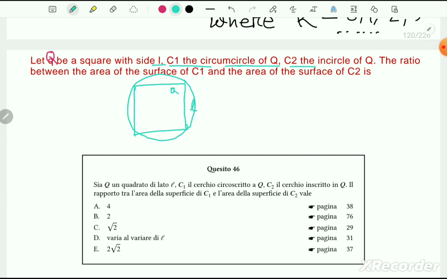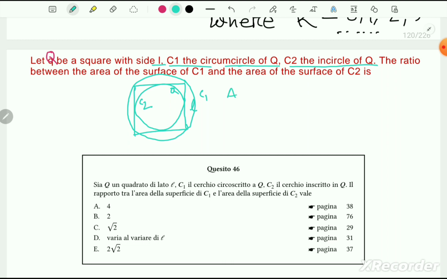Then C2, the incircle of Q. Another circle or circumference which is drawn or inscribed inside the square Q. This is C1, this is C2. The ratio between the area of the surface of C1 and the area of the surface of C2 is, we have to find out the ratio of area.